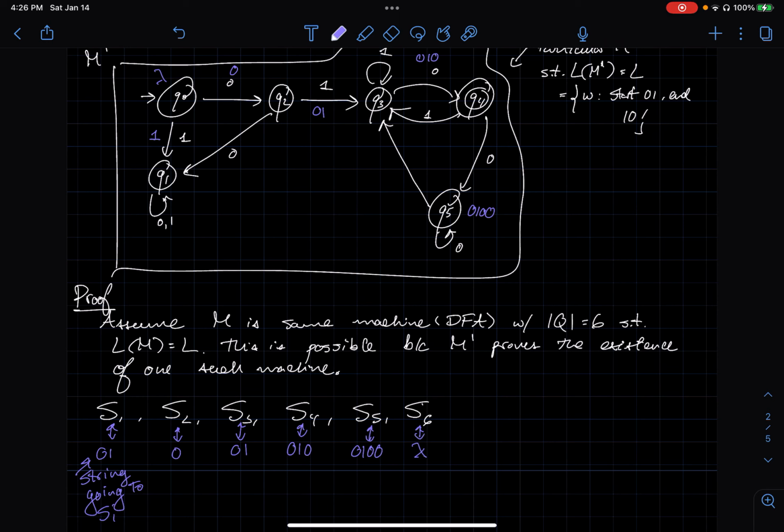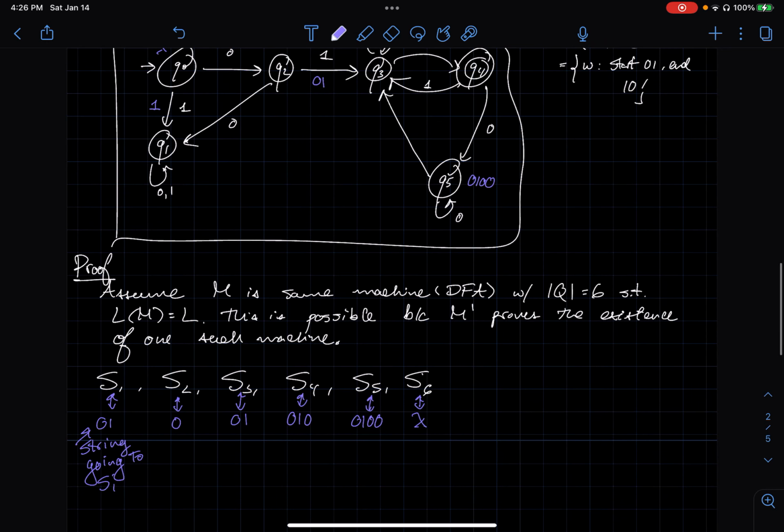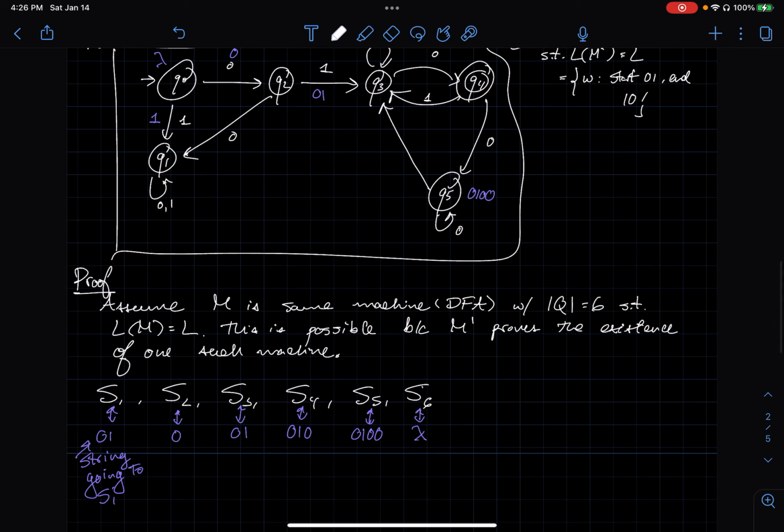And so now I need to assume, for each pair, how many pairs do I have? If you recall from your combinatorics class, I have 6 elements here, and I'm choosing 2 elements. So I have 6 choose 2 pairs.